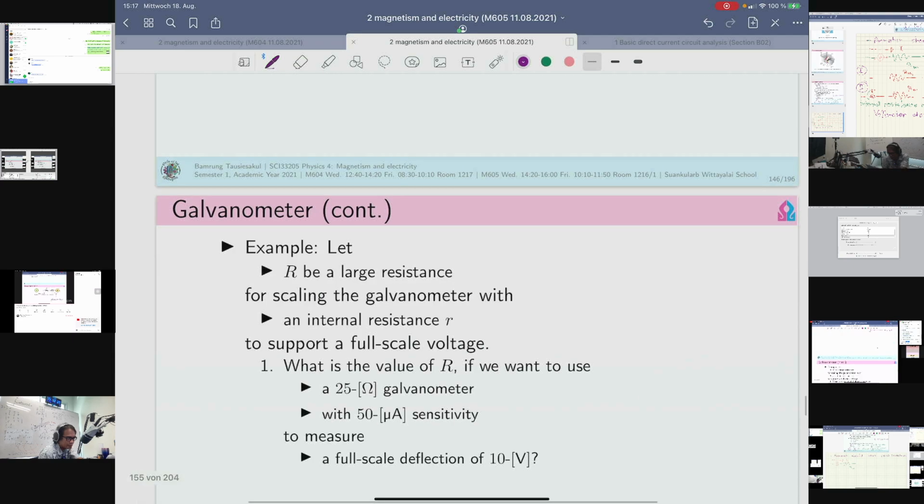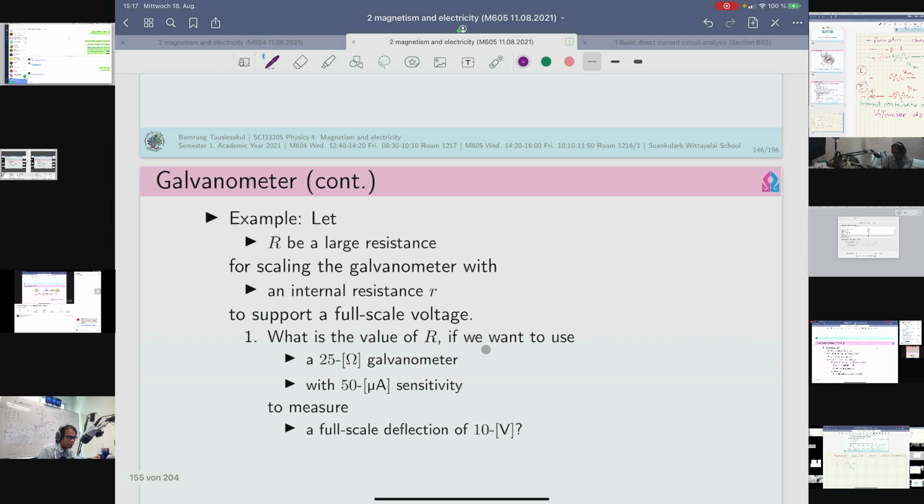And we arrive at this example. Let R be a large value of resistance for scaling the galvanometer with an internal resistance r to support a full scale voltage. What is the value of R if we want to use a 25 ohm galvanometer?